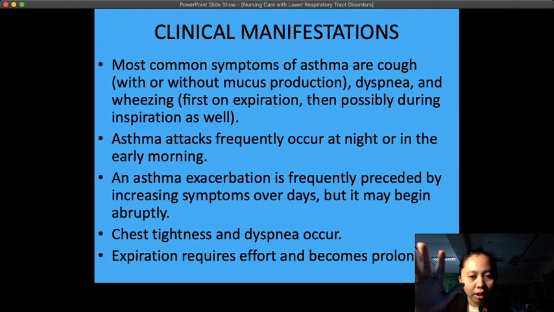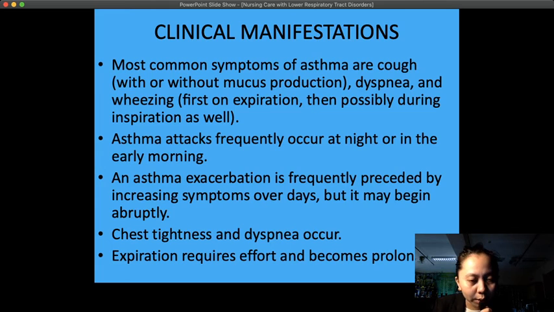Okay? So clinical manifestations. Paki-review na lang. An asthma exacerbation is frequently preceded by increasing symptoms over days, but it may be benign, or it may begin abruptly. So chest tightness and dyspnea occur.